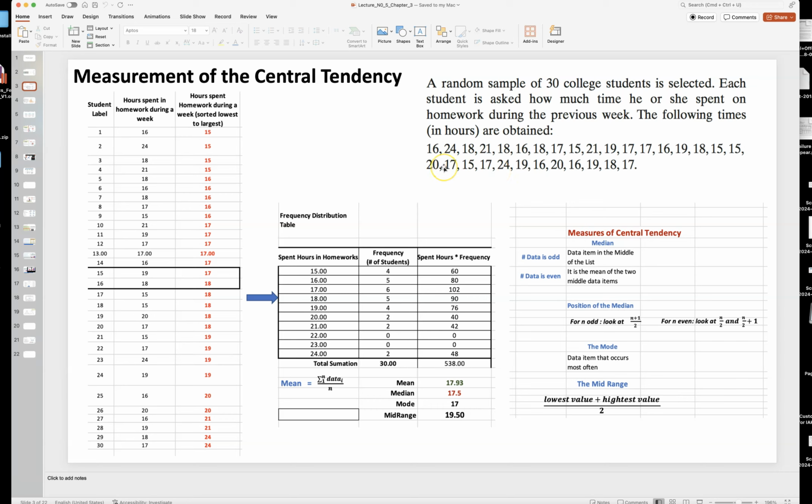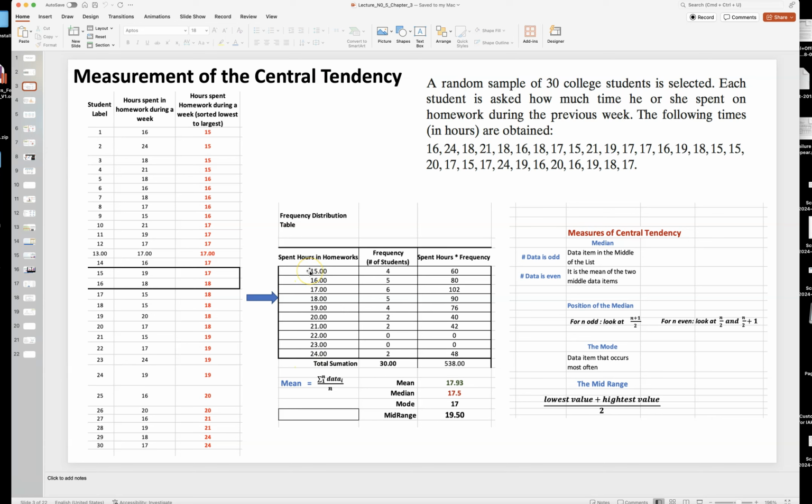And also, if we are looking for the largest one, we can see that there are a couple of guys who claim that they spend almost 24 hours. So that is the range of the outcomes in our sample. So we need to grab those values, the minimum one and the largest one.